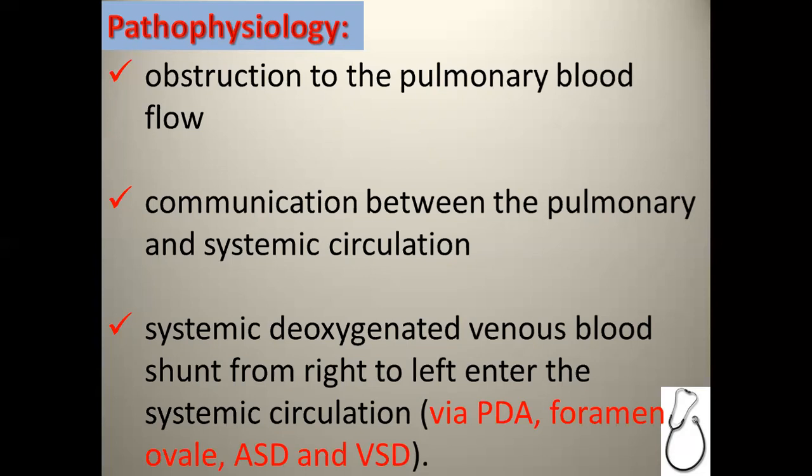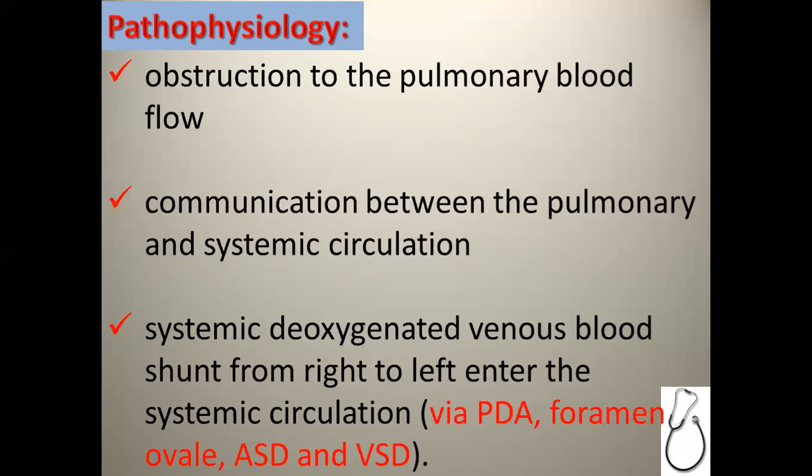So, in this condition, cyanotic congenital heart disease with decreased pulmonary blood flow, I must have two things. First, obstruction to the pulmonary blood flow. Second, there must be communication between the pulmonary and systemic circulation.